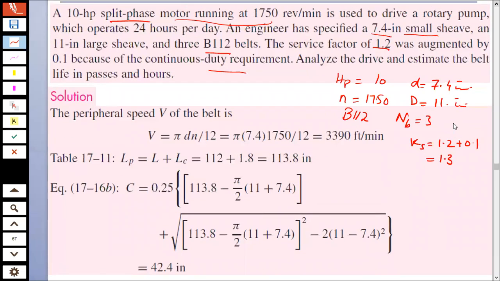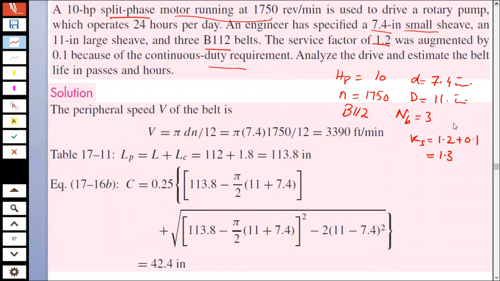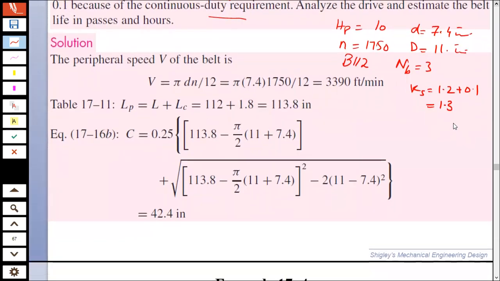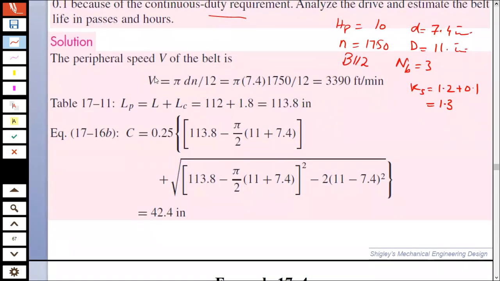Theek hai ji. Analyze the drive and estimate the belt life in passes and hours. Okay, we will do that. First of all, go ahead and find your speed V, that is pi d n by 12. Okay, so that is your velocity.